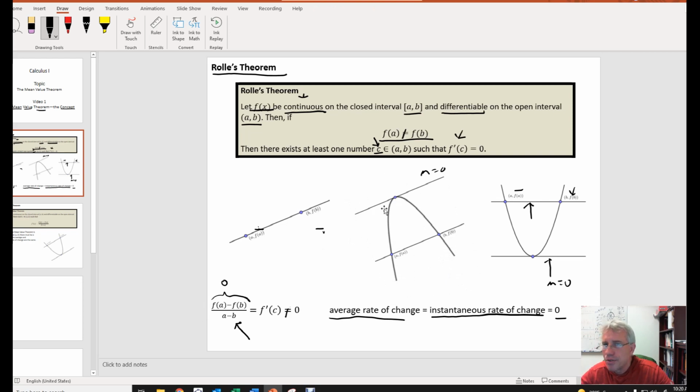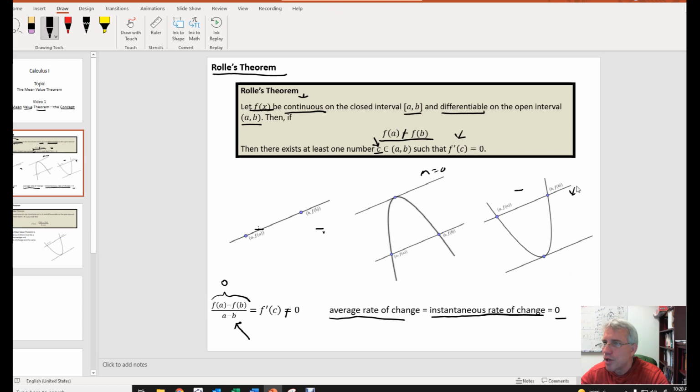We can tilt it to the right so that the slope of the secant line is now positive, and we keep the value of c corresponding to this point right here. We keep it between a and b on the horizontal axis. I could do the same thing with this, and tilt that up so that we represent f of b being greater than f of a.